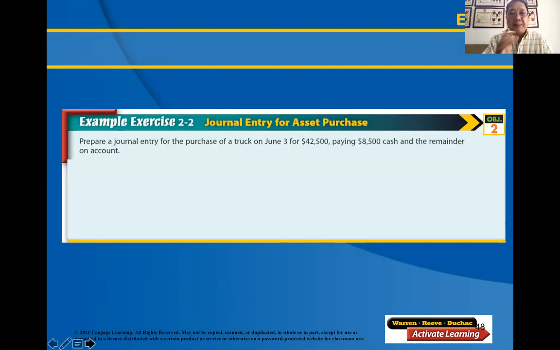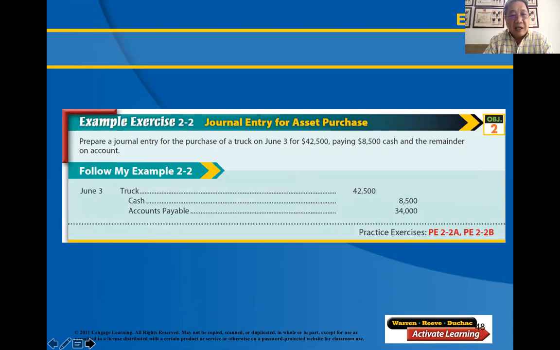Okay. Example to. Prepare journal entry for the purchase of a truck on June 3, 42,500, paying cash and the remainder on account. Anong sagot? Nasa libro rin yan. I'm sure nabasa nyo na. Sana. Debit truck, 42,500. Credit cash, 8,500.